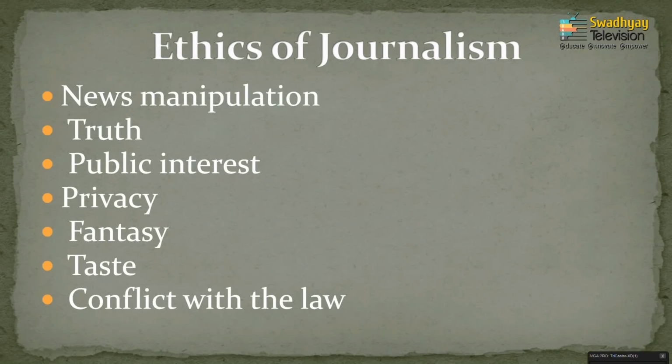Just to have a glance, it is news manipulation, truth, public interest, privacy, fantasy, taste, conflict with the law. These are just the titles of ethics of information which we need to know as writers of newspapers.